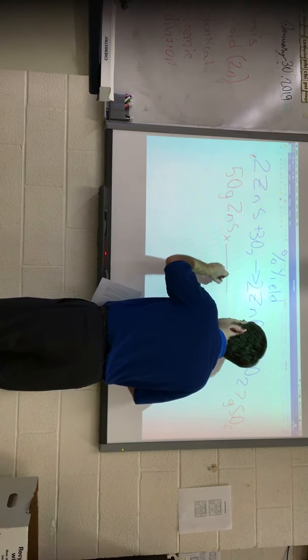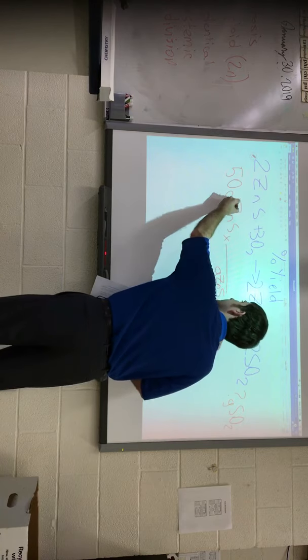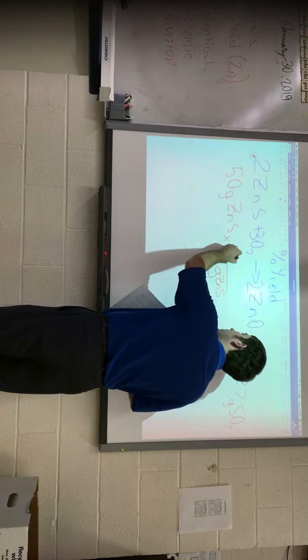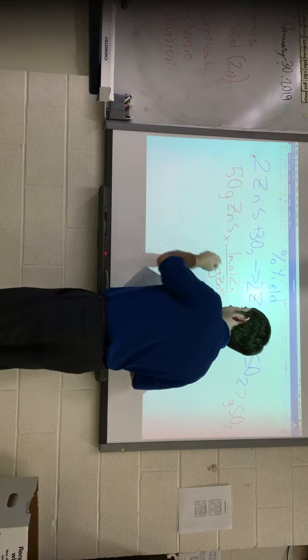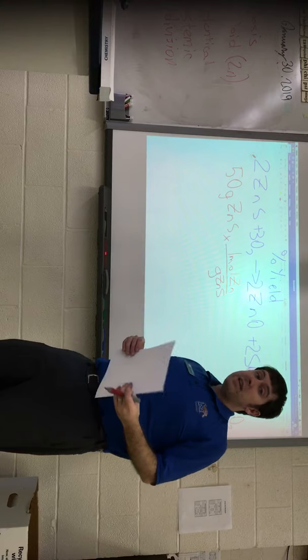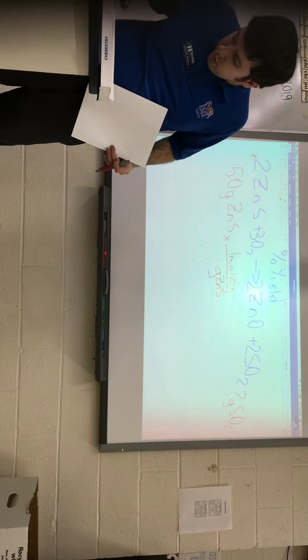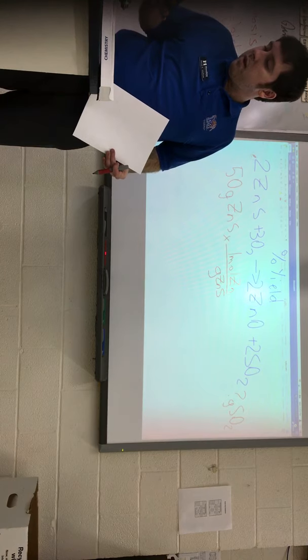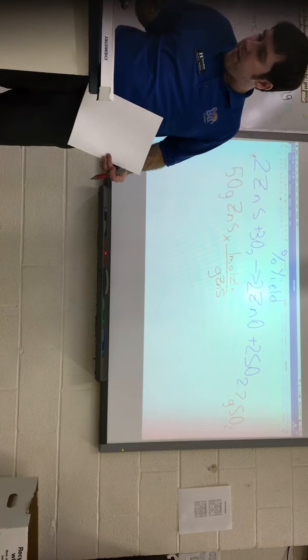So, grams of zinc sulfide for 1 mole of zinc sulfide. We need to find the molar mass of zinc sulfide. We just said zinc is 65.38. Well, sulfur, ladies and gentlemen, is 32.07.